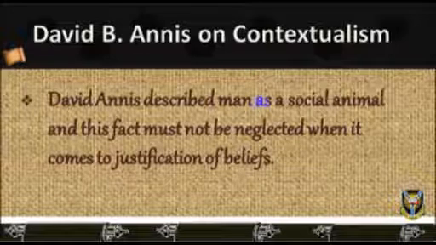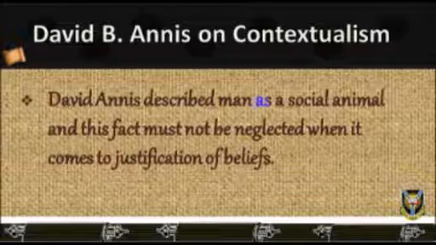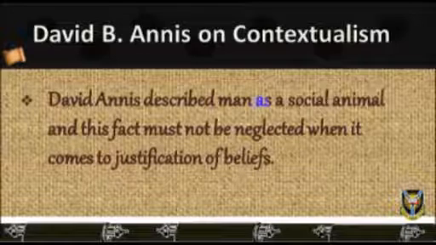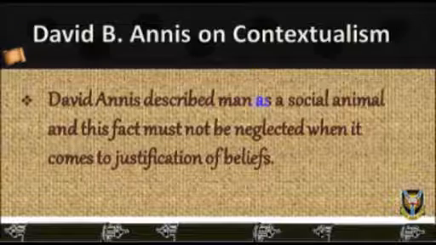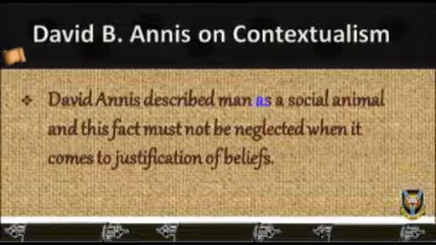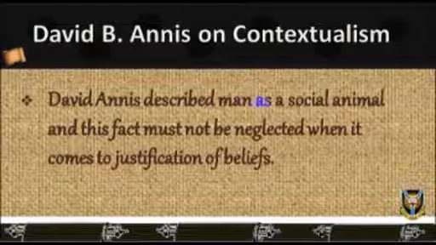Researchers do in fact strengthen or weaken justificatory conditions in relation to the importance of the issue. If accepting H when H is false would have critical consequences, the researcher may increase the required significance level in testing H. David Harness described man as a social animal, and this fact must not be neglected when it comes to justification of beliefs.